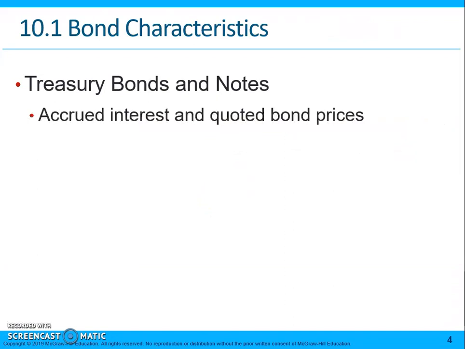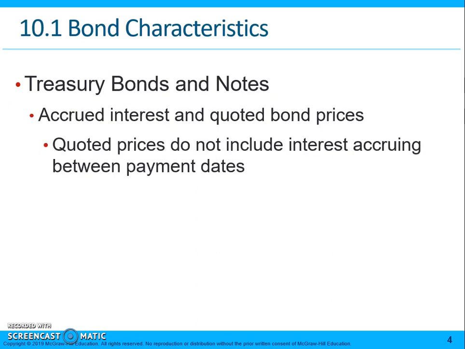Treasury bonds and notes, and all other bonds for that matter, pay accrued interest when they trade any time that they trade and it's not on an interest payment date. On the interest payment date, there is no accrued interest, but at any other time, there's going to be interest that accrues from the previous interest payment date. So quoted prices do not include accrued interest.